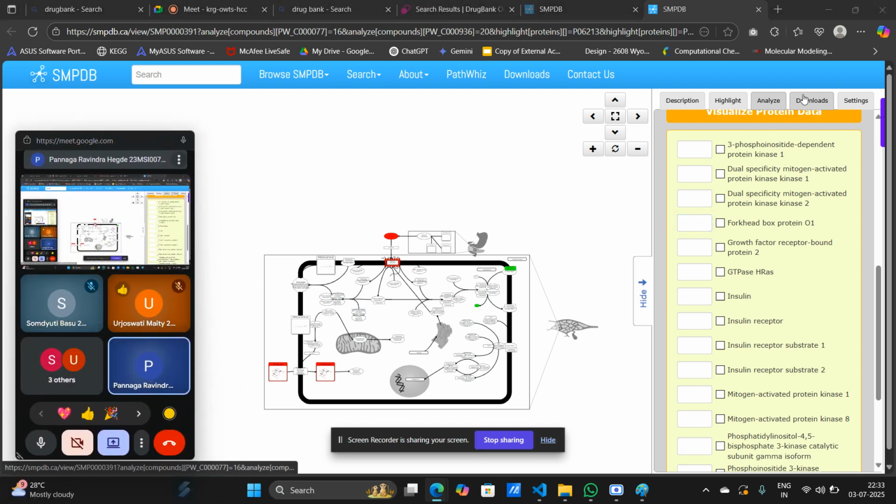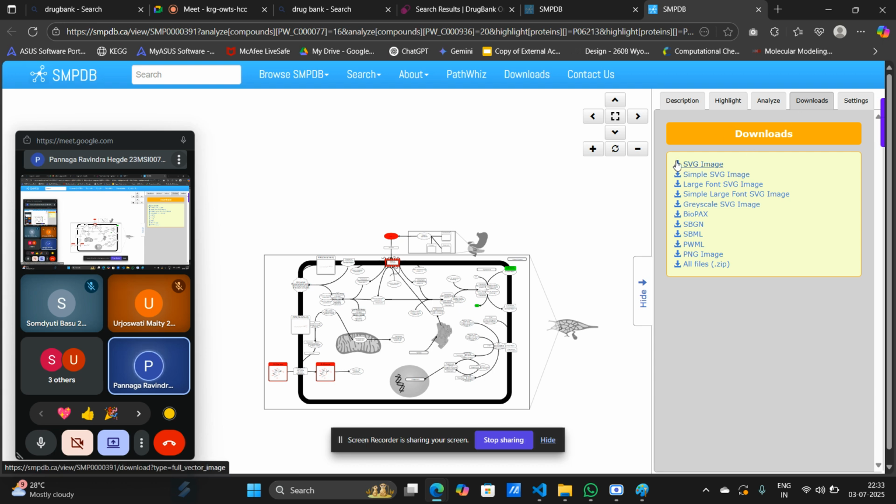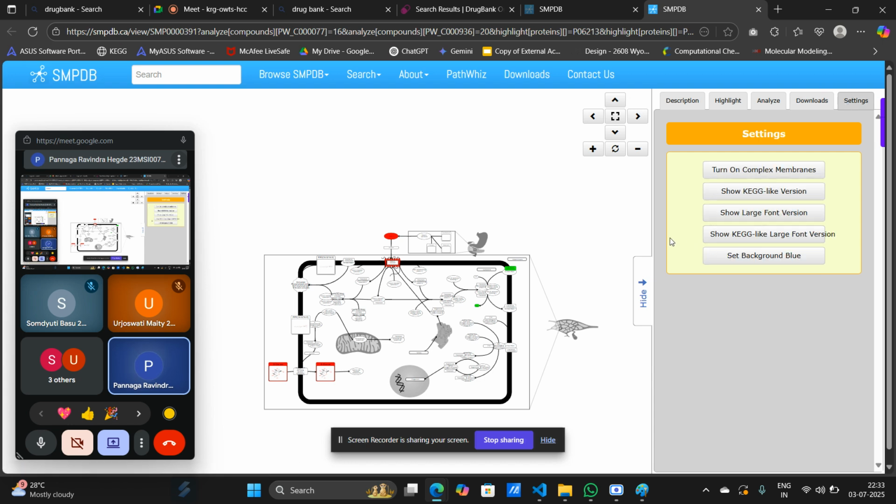Okay. So if you click on downloads, you have a few different options to download this flowchart. That is something that you can try. And in settings, you have different types of visualization. It is just like we have filters in mobile, in Snapchat you have filters, in Instagram you have filters. So it's something like that.